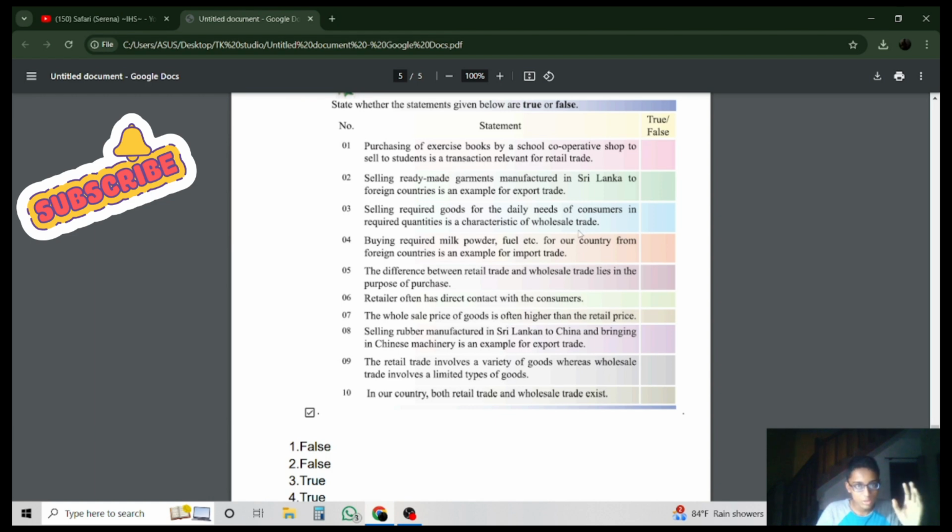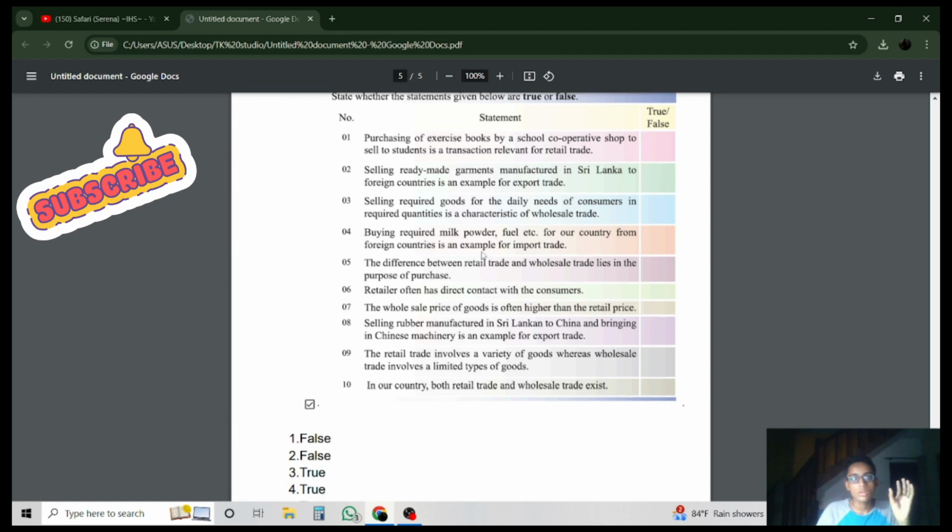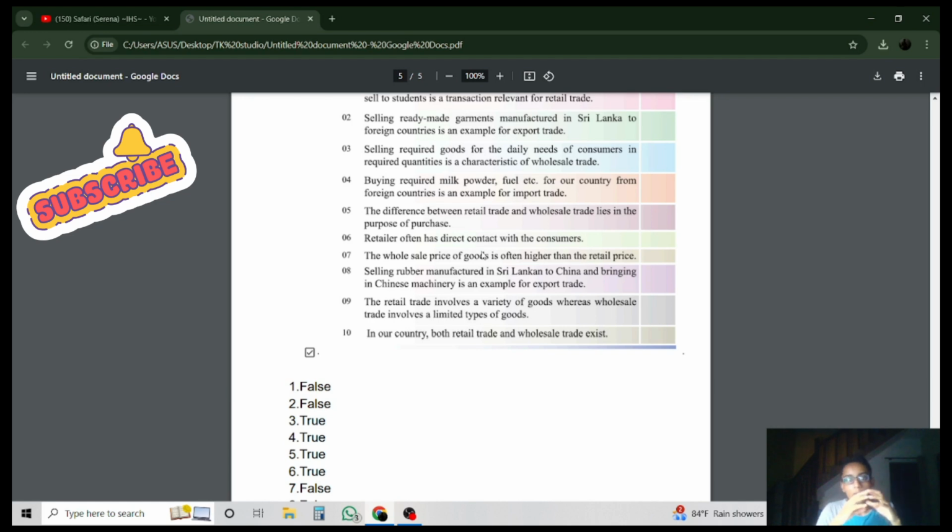In the textbook they have clearly mentioned that. Number four. Buying required milk powder, coal, etc. for our country from foreign countries is an example of import trade. Right, that's true. Number five, the difference between retail trade and wholesale trade lies in the purpose of purchase.